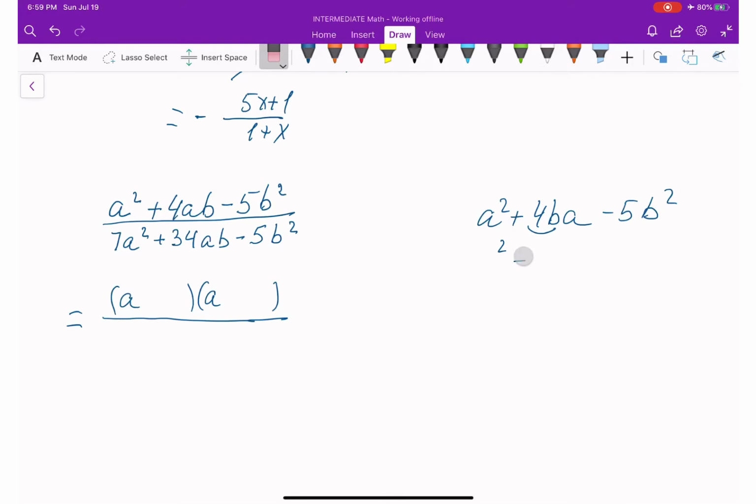Okay. So let's see. Two terms that multiply have to give negative 5b squared, and if I add, it's going to be positive 4b. Since it's negative 5b squared, that means one is going to be positive, one negative. And because 4b is positive, that means the greater number is going to be positive.